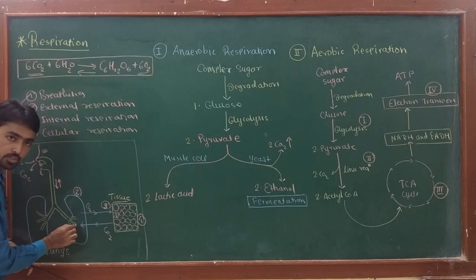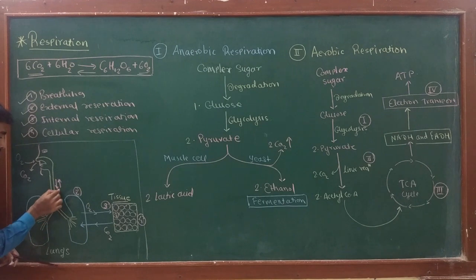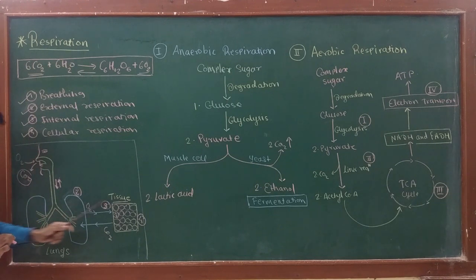And once CO2 reaches the air sac, from the lungs the CO2 is transported back into the air. This is the pathway of oxygen and CO2 transport from air to tissue and from tissue to the atmosphere.